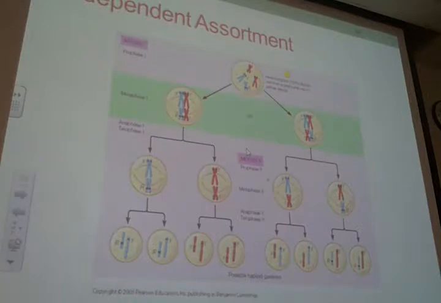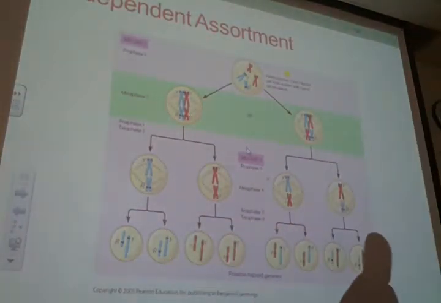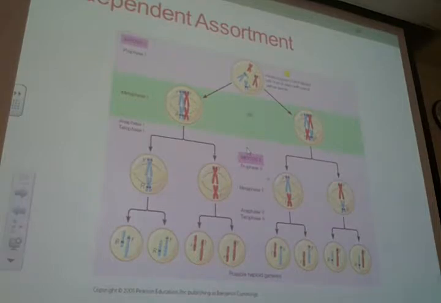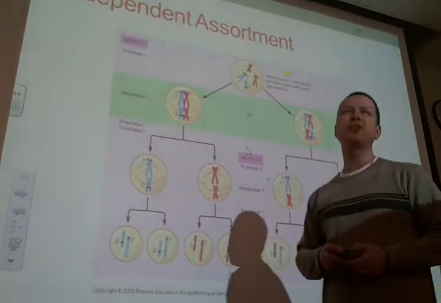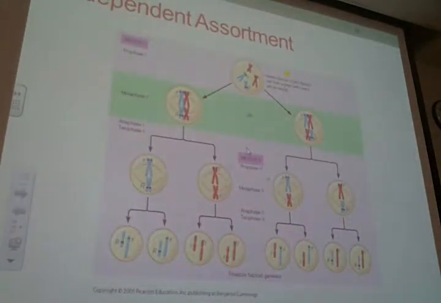Okay, so even if we had none of this stuff that we're going to talk about in a second, just independent assortment, each of us can create 70 trillion genetically different sperm or egg. Not too bad. But apparently evolution said, nah, that's good but not good enough. So I'm going to create crossing over, which is going to make the numbers ridiculous. So, let's look at this crossing over idea more closely.